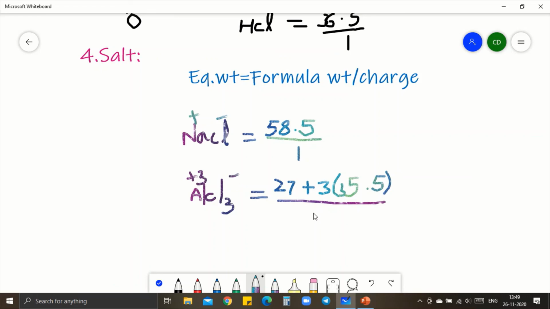So 3 is the magnitude of charge. So it's molecular weight divided by 3. That is the equivalent weight of this salt.